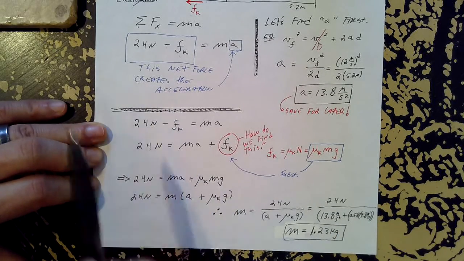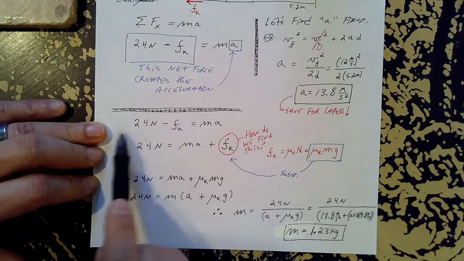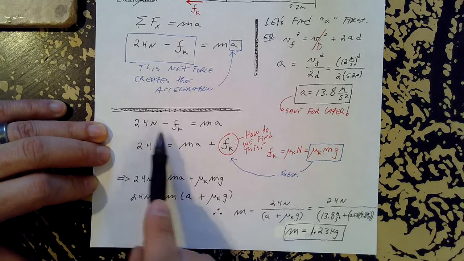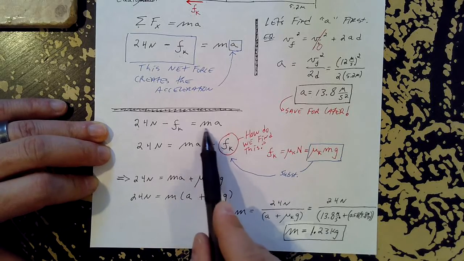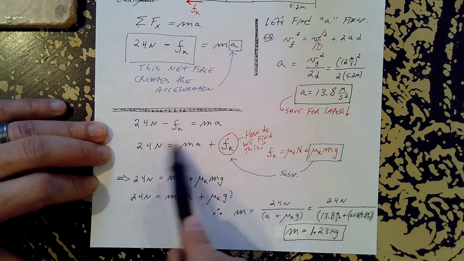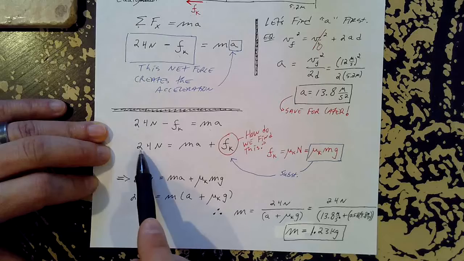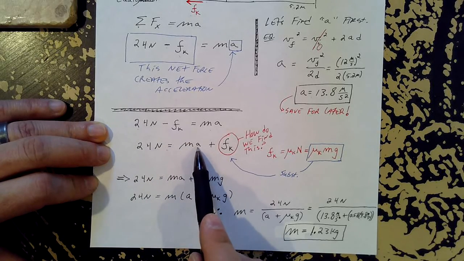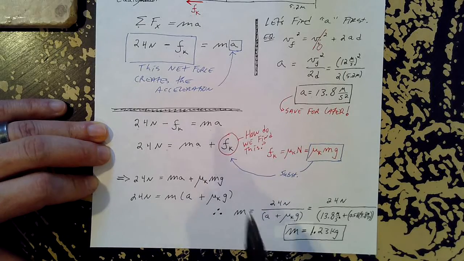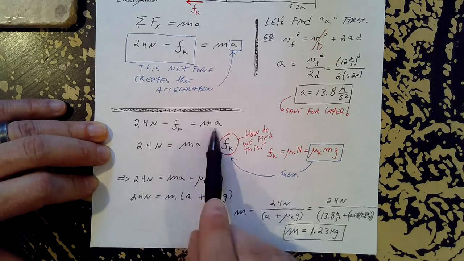Okay, going back to my x forces, 24 minus friction equals ma. Let's try to neaten this up a little bit. So that ends up being 24 newtons is equal to mass times acceleration plus friction, right? It's being added just because I brought it to the other side.